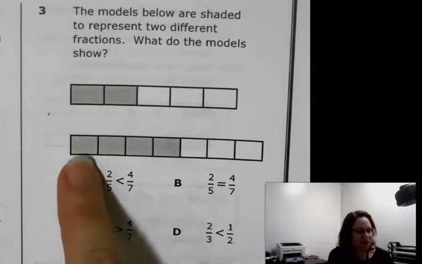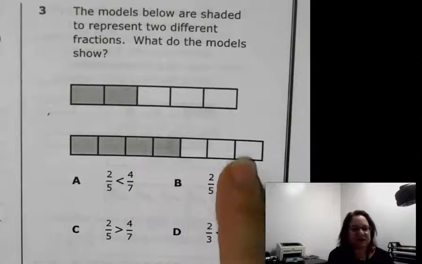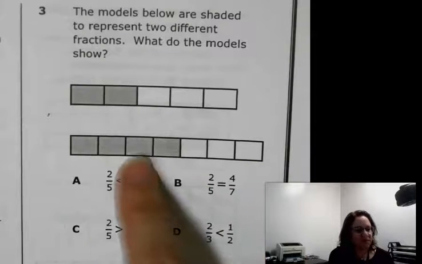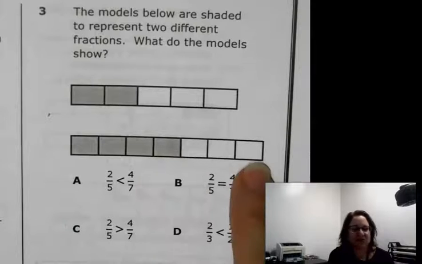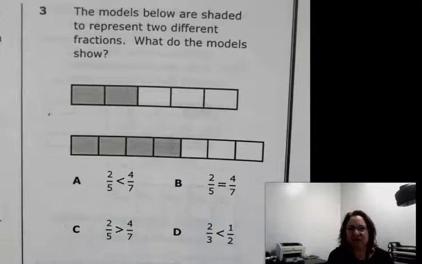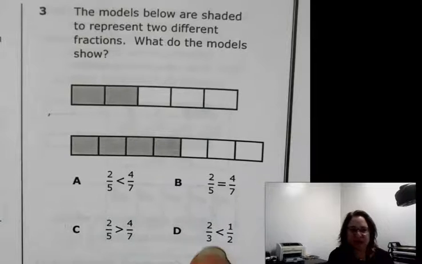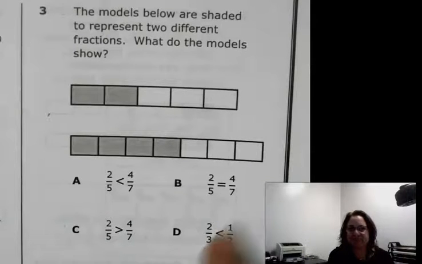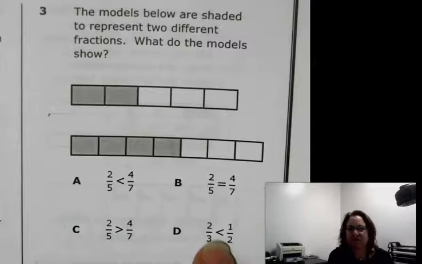And then 1, 2, 3, 4, 5, 6, 7. 4 out of 7 are shaded. 4/7 are shaded. So we're looking for 2/5 versus 4/7. So that means we can get rid of D. D is not our answer. It doesn't have the fractions we're looking for.